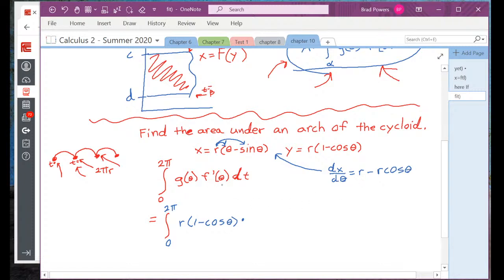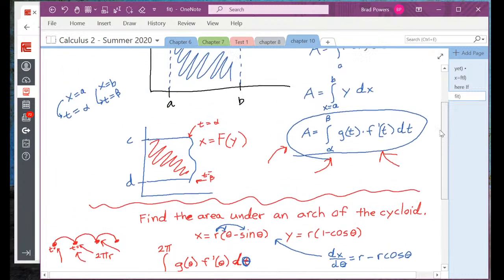Okay, so now I can totally plug that in. That's going to be r minus r cosine theta, and then dt, oh, it would be d theta. I'm sorry, it'd be d theta here. Let me double check. I did f prime of t dt.